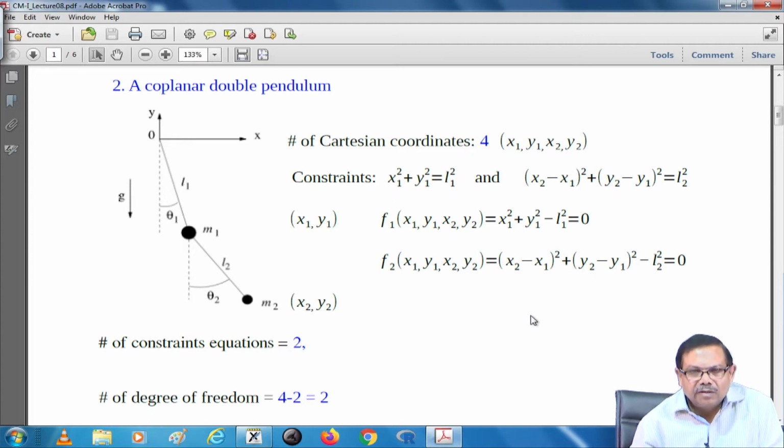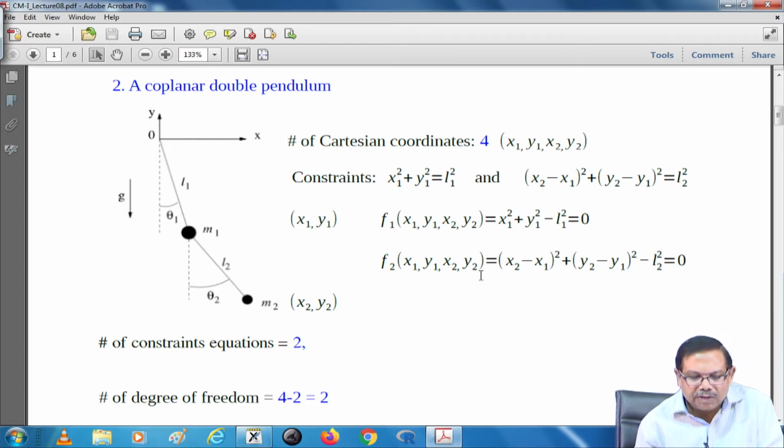So, we could write the Lagrangian of the system and therefore Lagrange's equation of motion. Yes, but if we want to do this problem in Cartesian coordinates, I require 4: x 1, x 2, y 1, y 2. So, there are 2 coordinates for mass m 1 and 2 coordinates for mass m 2, because it is a coplanar pendulum, oscillating only in the vertical plane.